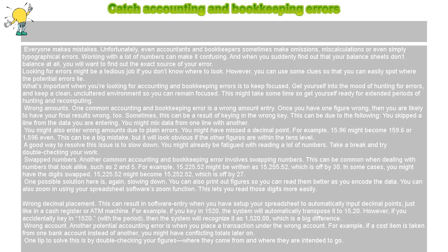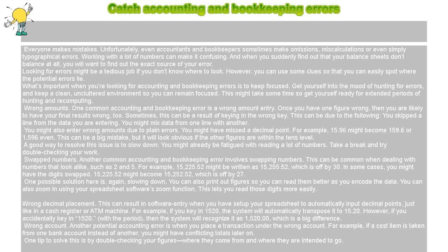Wrong decimal placement. This can result in software entry when you have set up your spreadsheet to automatically input decimal points, just like in a cash register or ATM machine. For example, if you key in 1520, the system will automatically transpose it to 15.20.